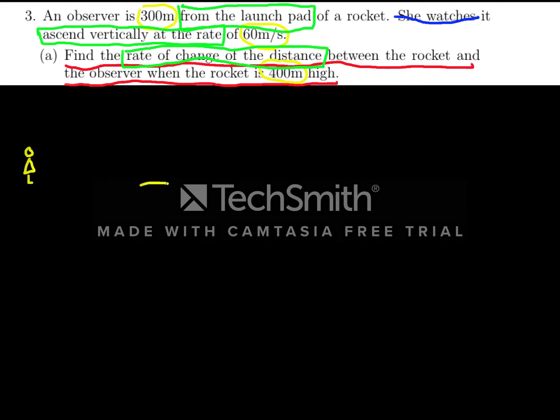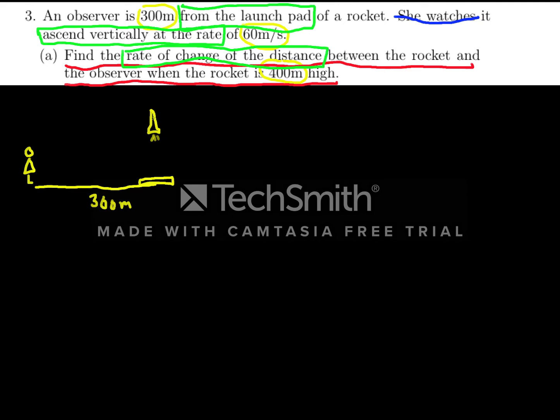So I'll draw my launch pad, and let's draw some rocket, and it's ascending vertically. We know that the distance between the observer and the launch pad is not changing. It's 300 meters. We know the rocket is ascending.